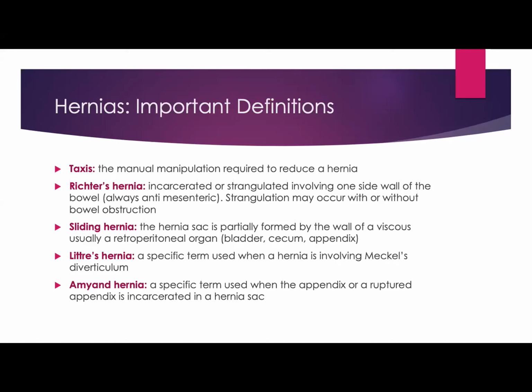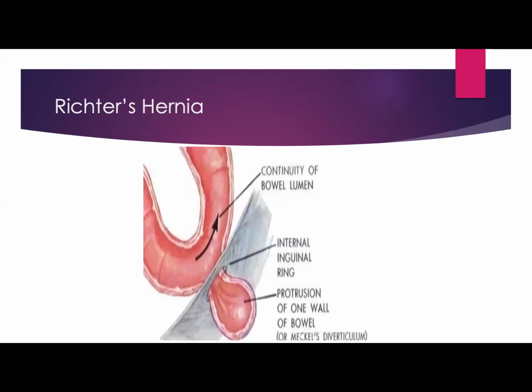So this is Richter's hernia. This is the mesenteric side of the bowel, and this is the anti-mesenteric side. The herniated part is only the anti-mesenteric side.